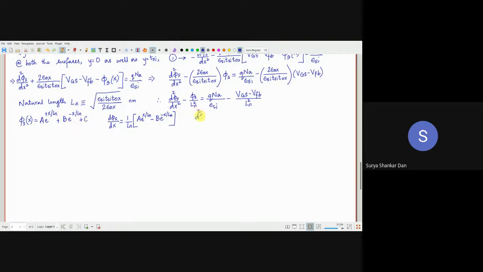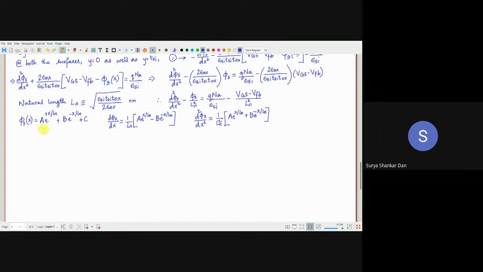Therefore d2 phi s dx square is equal to, what will it be? Again 1 upon ln square bracket a e to the power of x by ln plus b e to the power of minus x by ln.